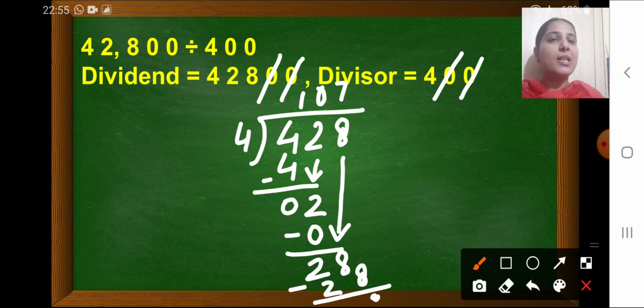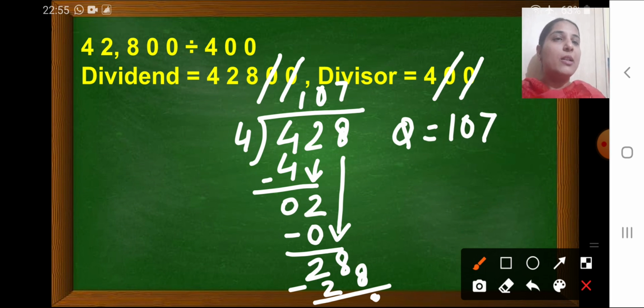So that will be cancelled. It means, what is the quotient obtained here? Quotient is 107. And what will be the remainder, children? Is there any remainder? No, there is no remainder. Remainder is 0 here, because that number is completely divisible, isn't it?